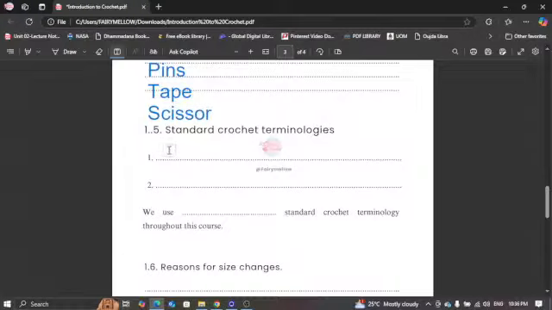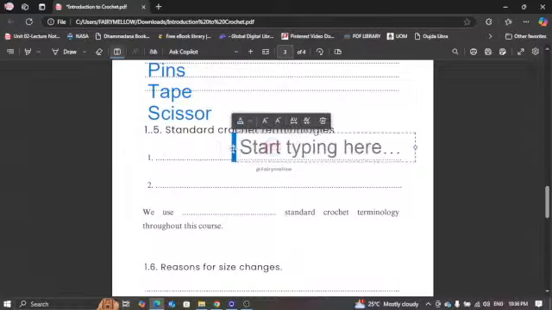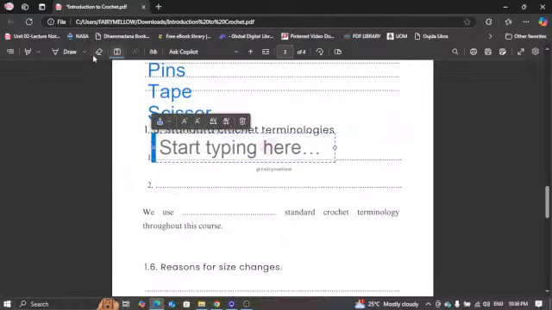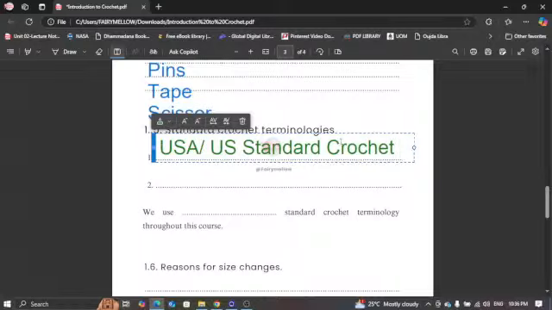There are two standard crochet terminologies. One is USA or US standard crochet terminology.